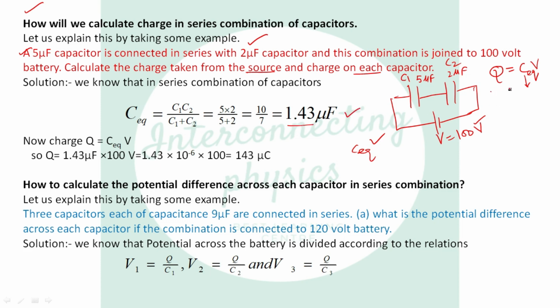So we have calculated C equivalent. Now one point to be remembered here: the charge from the source and the charge on each capacitor is the same.